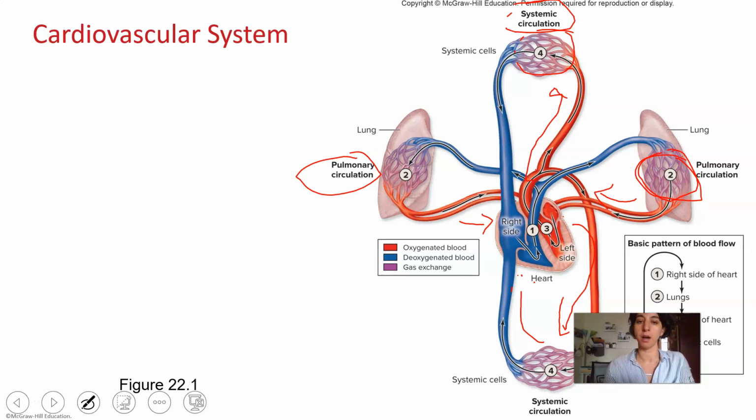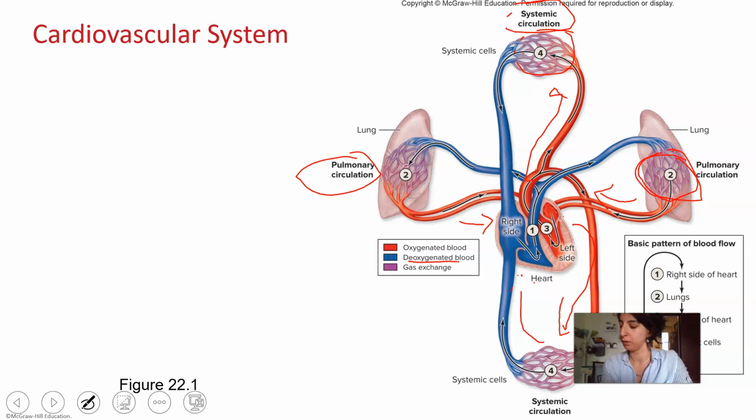Our other type of circulation is pulmonary circulation. So when you hear the word pulmonary or see the word pulmonary, we're talking about the lungs. So in pulmonary circulation, we are carrying deoxygenated blood, right? It's encoded in this cartoon in blue, but you know that blood is not blue.